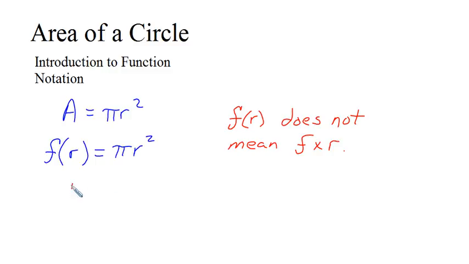For me to find the area, I would write it like this, f of 4, meaning that the function has an input of 4 in this instance. And then I follow the rule for this function, which is pi times the radius squared.